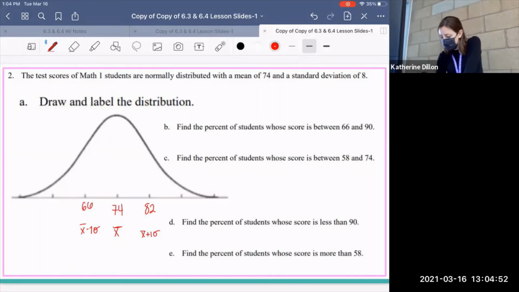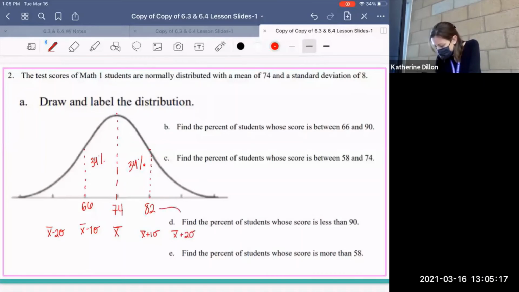Okay, so within here, from the mean to one standard deviation below is 34% of my data. And same thing with above. Now I'm going to go and do my second standard deviations on both sides.